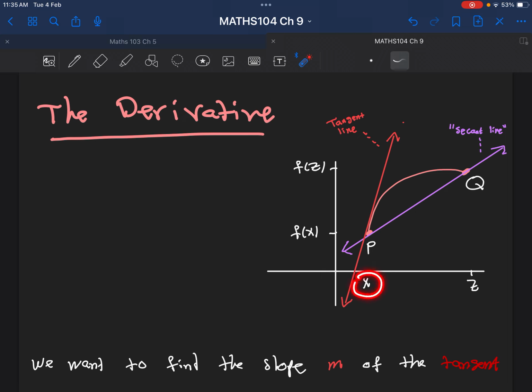First of all, instead of using a and b, I will use x and z. Now, again, if we take the secant line, which is the line joining f of x with f of z, those 2 points, I will compare it with another line.